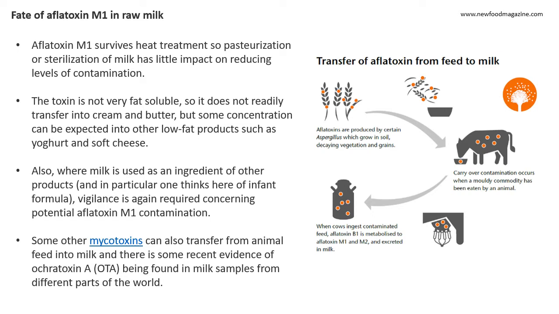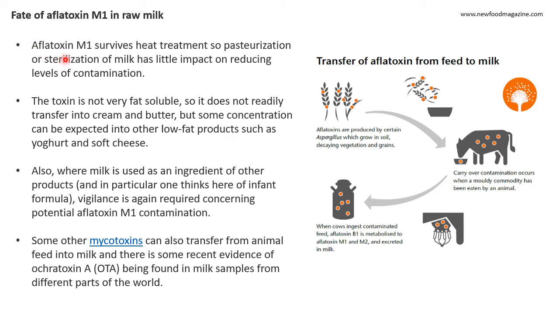If the feed is contaminated and the cattle eats that, carryover contamination occurs when the moldy commodity has been eaten by the animal, and thus the toxin gets easily transferred to the milk. When cows ingest contaminated feed, aflatoxin B1 is metabolized into aflatoxin M1 and M2 and is excreted in milk.